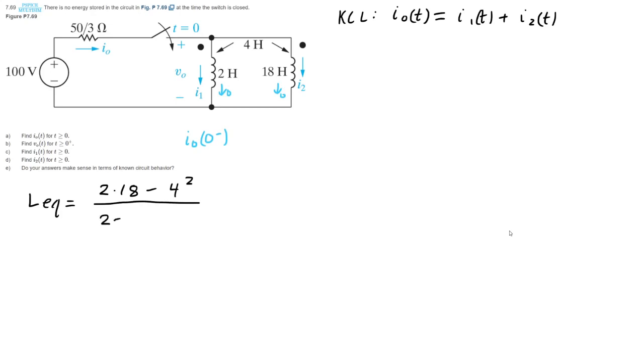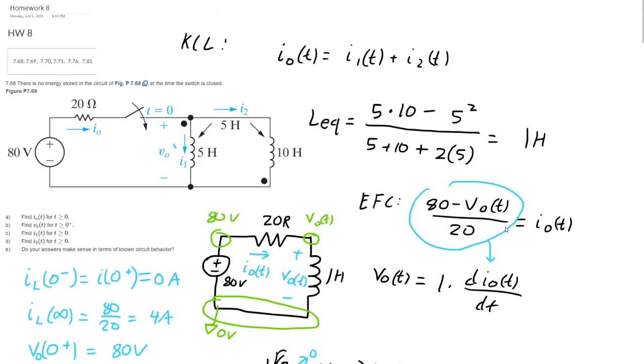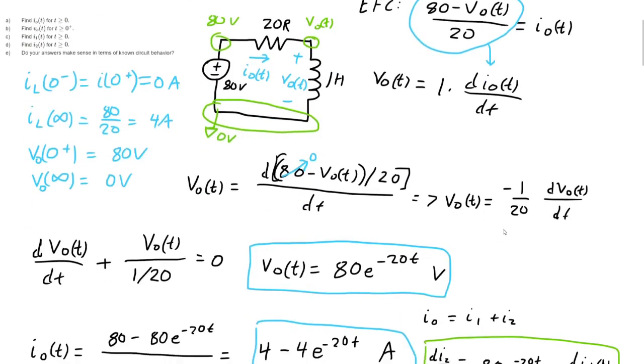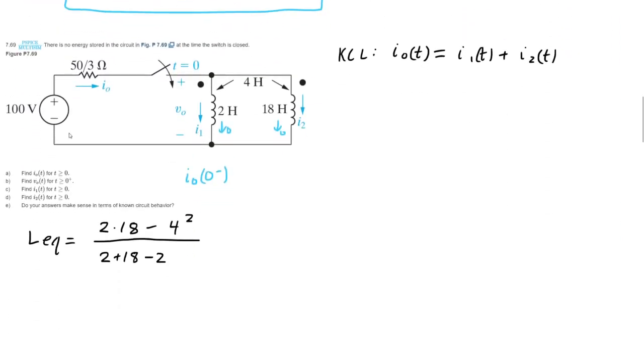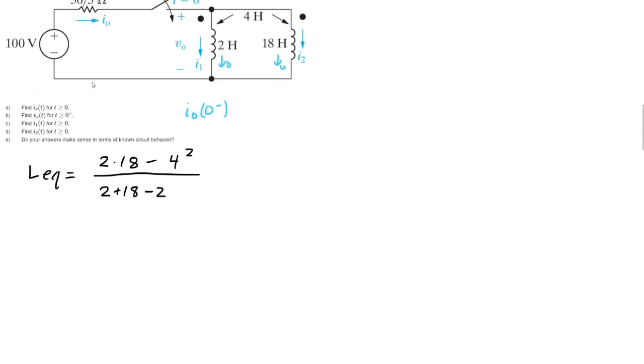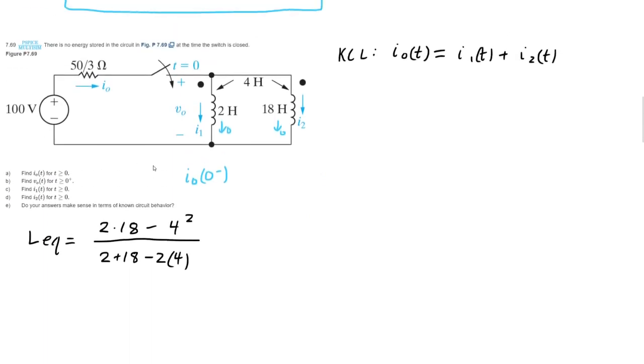We're still going to have 2 plus 18, but instead of being plus 2m, like it is up here, we're going to do minus 2m. So go ahead and do 2 times 4. So this ends up being 8, 20.